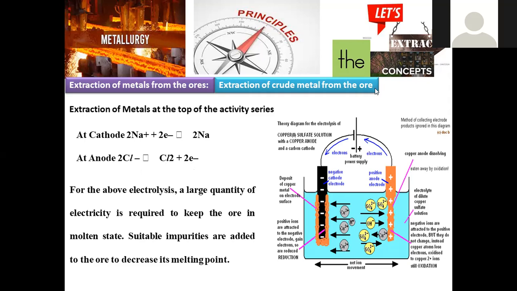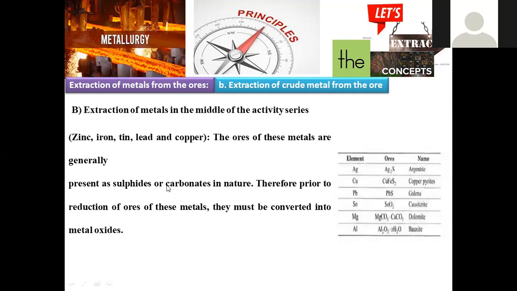Because we have to supply the electricity, only then the separation of these ions into their corresponding neutral form is possible. Suitable impurities are added to the ore to decrease its melting point. So when some impurities are added, their melting point will be reduced, so that the process will become easy and the consumption of electricity will be reduced here.